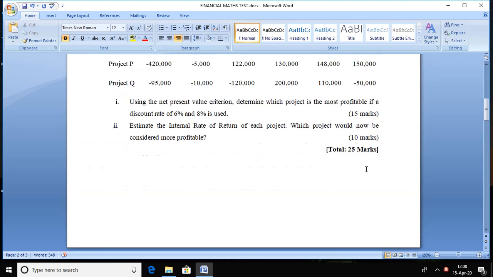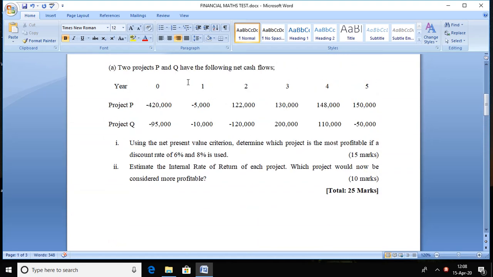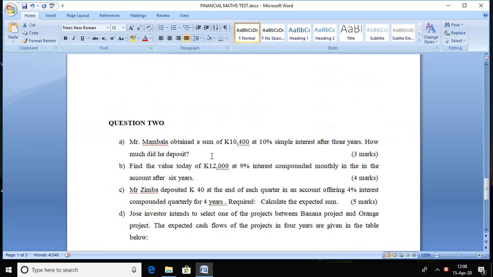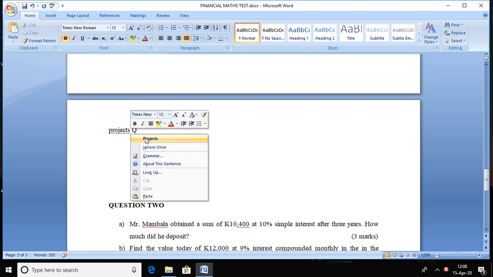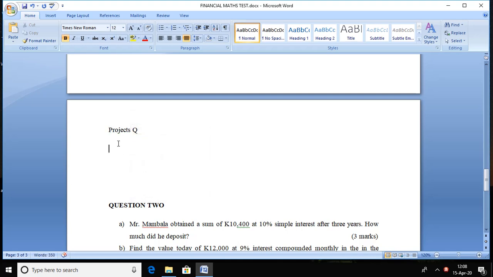Let's calculate the NPVs for project Q. So let's bring it down there. Project Q at 6%.